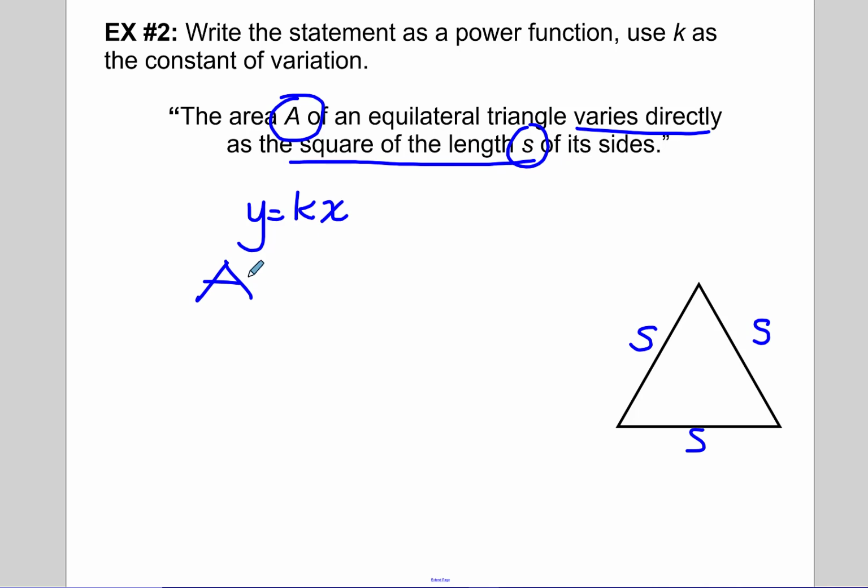So the area as a function of the side is a constant, but my x is going to be converted to s for the square of the length of the side. So area of my equilateral triangle as a function of the side is a constant times the side squared.